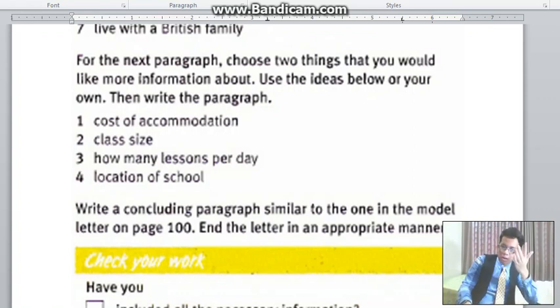What will you want to ask? They have also given us the ideas. You can ask them about the cost of the accommodation, the class size, how many lessons per day, the location of the school, or your own. You can choose your own ideas.